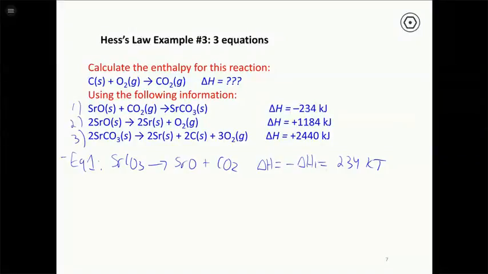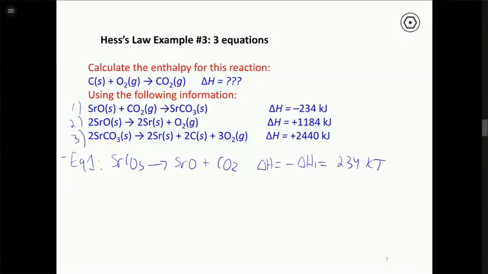So sometimes it's helpful to go out of order here, so I'm going to skip equation 2 for now, but if you look at equation 3, it has two carbons as a product. Our overall reaction has one carbon as a reactant. Carbon doesn't appear anywhere else, so if we take this third equation here and flip it, that's going to give us one carbon on the reactant side.